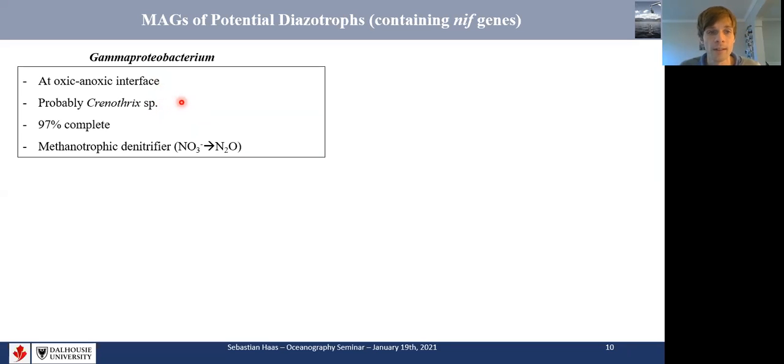So probably this MAG represents a Crenothrix-like gamma proteobacterium. This MAG is also fairly complete, a 97% complete draft genome. And in addition to the potential for nitrogen fixation, it has the potential for methanotrophy, so methane oxidation, as well as denitrification from nitrate to N2O.